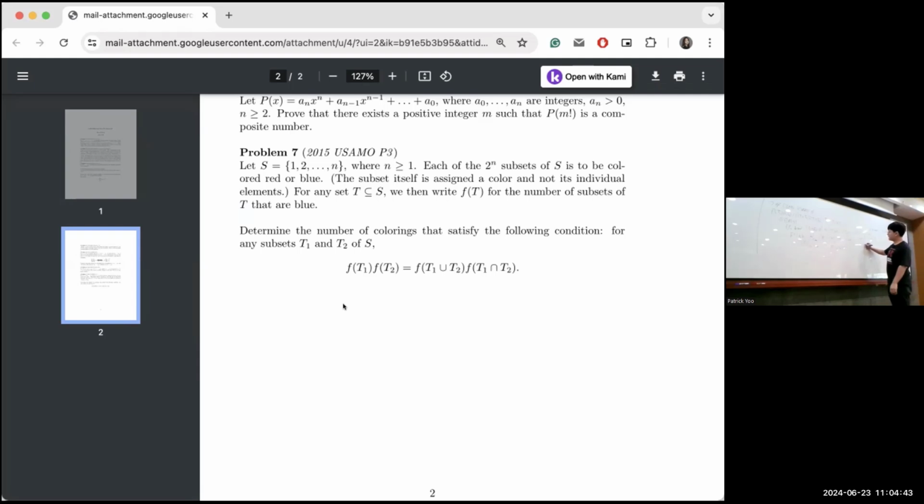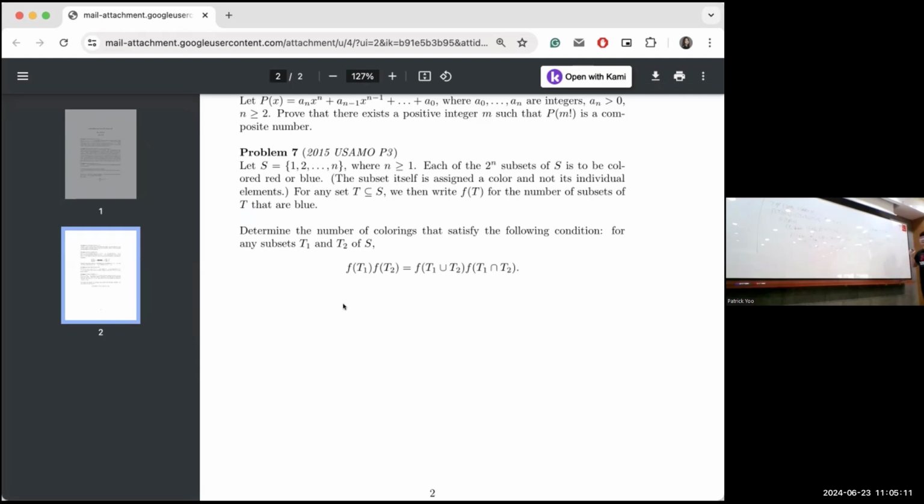And if we look at F(S), the F value of the entire set from 1 through n, we can see that this is equal to the product over i from 1 through n of c of the single element subset i, plus 1. But notice that if c(i) is 0, then this is just 1, and if c(i) is 1, this is 2. So this is just equal to 2 to the power of T. So F(S) and F(C) are equal.